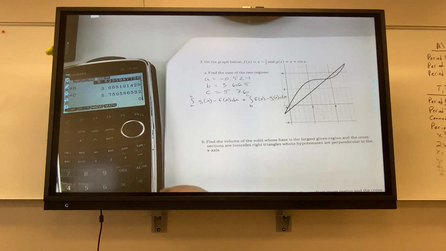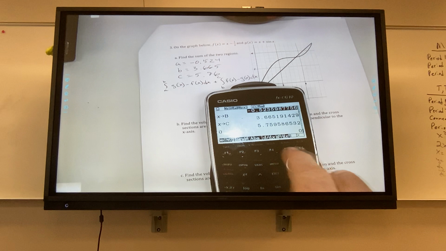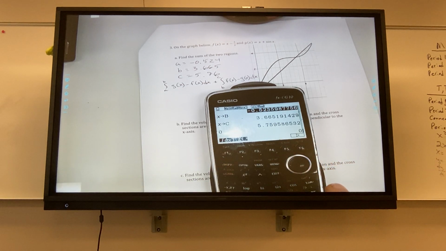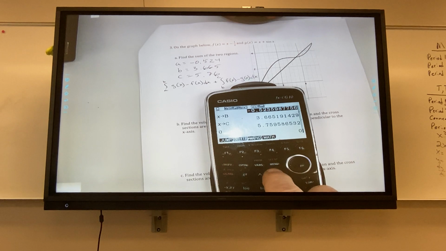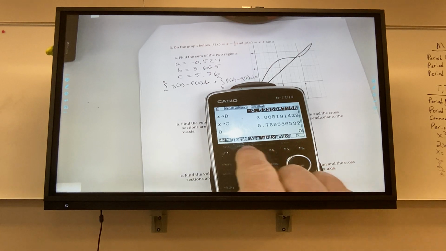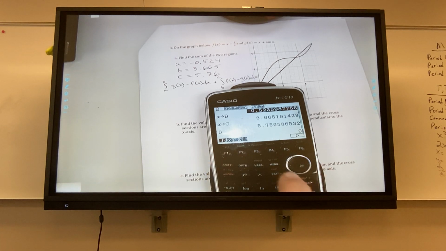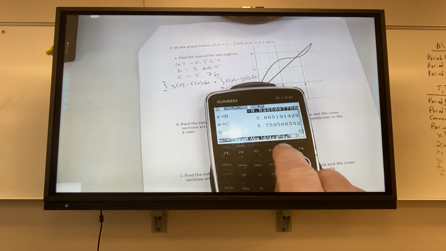All right. So I'm gonna do that on my calculator. Then I'm gonna go to math, integral. What is the problem? Well, what the heck? It's like you're being stubborn. Okay, let's try it again.